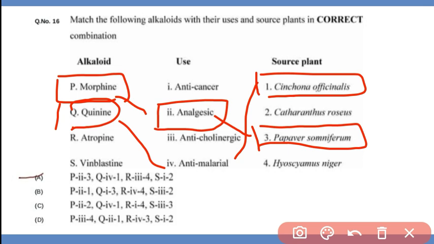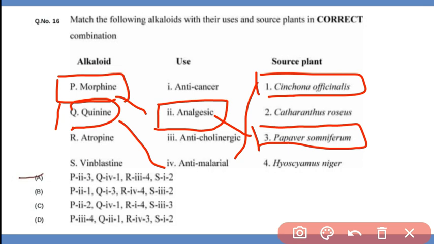Then atropine. The source plant for atropine is Hyoscyamus niger. Hyoscyamine is an isomer of atropine and is also the precursor for the synthesis of scopolamine. Atropine is obtained from the leaves and seeds of Hyoscyamus niger, commonly known as henbane.